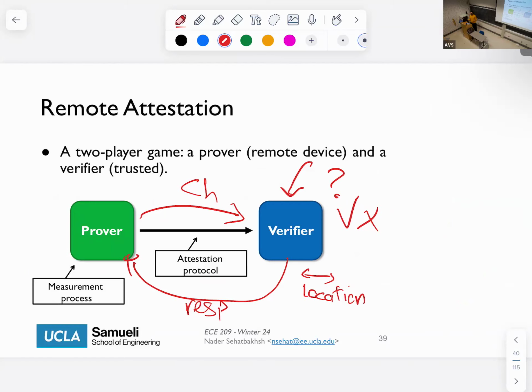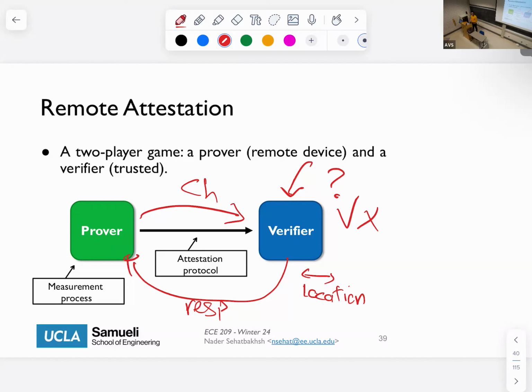There are essentially two players, the prover and the verifier. The prover is the device under test, the device in question. The verifier is the one that we trust, and it verifies the behavior of the system. The attestation protocol is a series of messages that are sent and received by the prover and verifier, and there is some measurement process going on at the prover in order to assess the device.